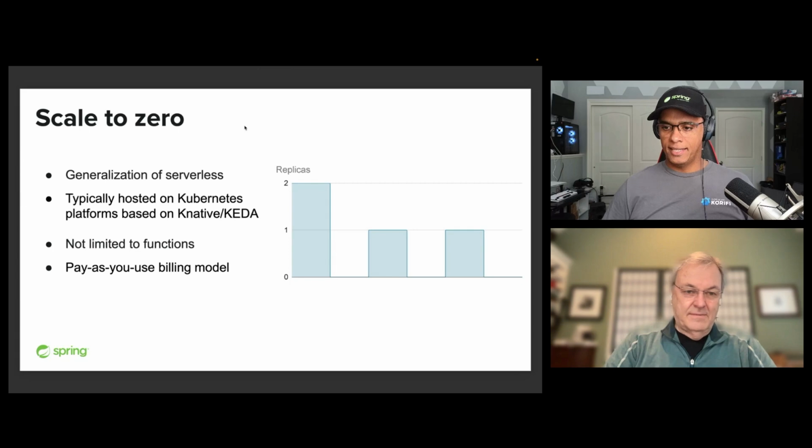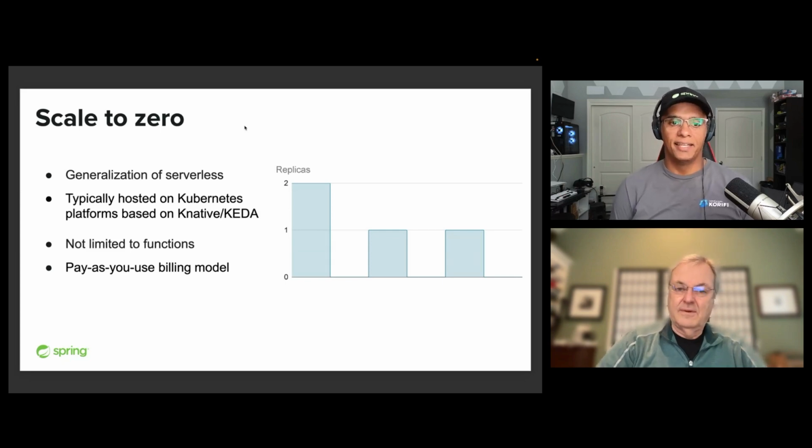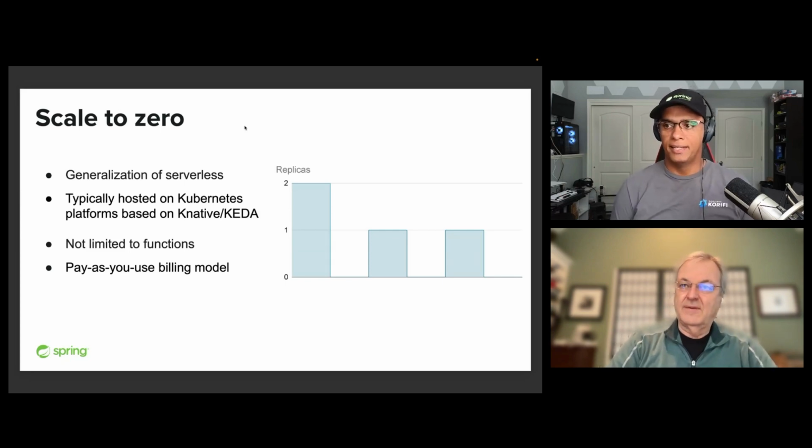In general, it's part of the serverless idea that things start up quickly and then go away, and you're not paying for stuff that you're not using. On Kubernetes, we typically see this with Knative, and there's also something called KEDA, which will scale your pods up and down.